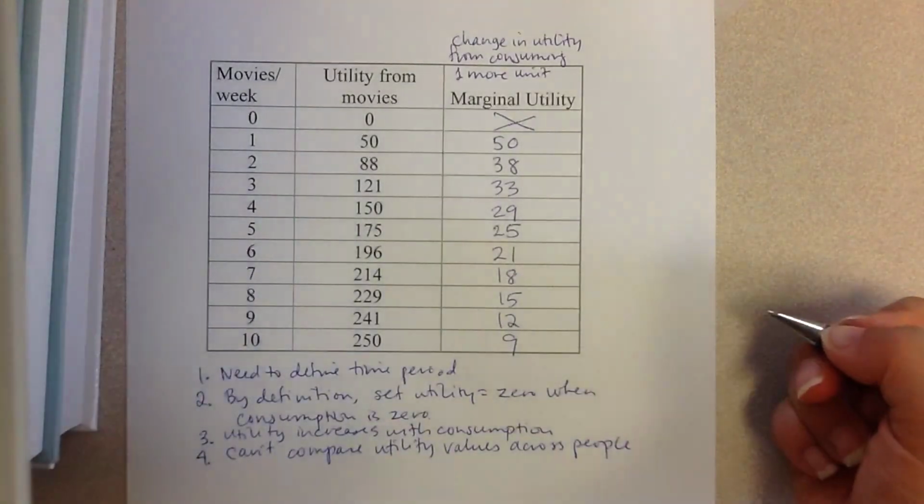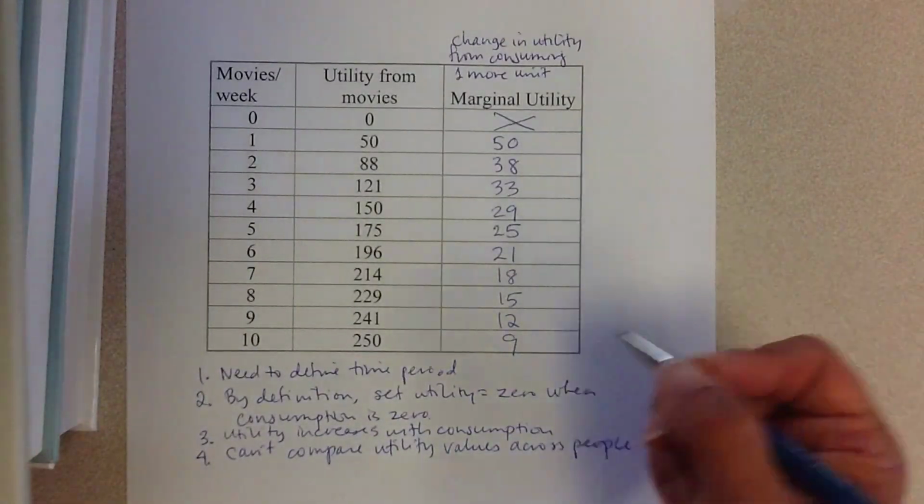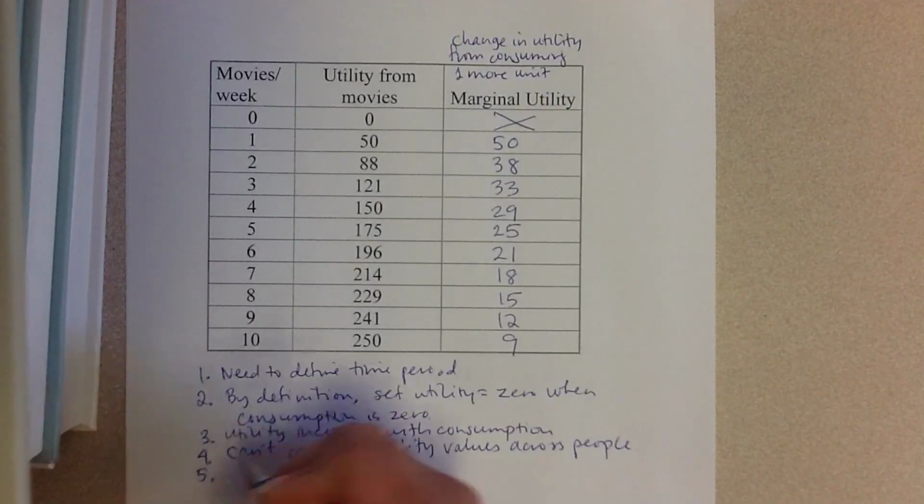So what we see here is diminishing marginal utility, which is so common that it's usually called a law.